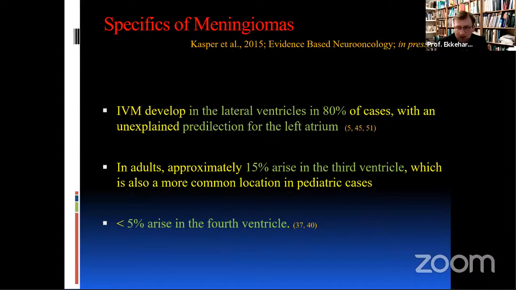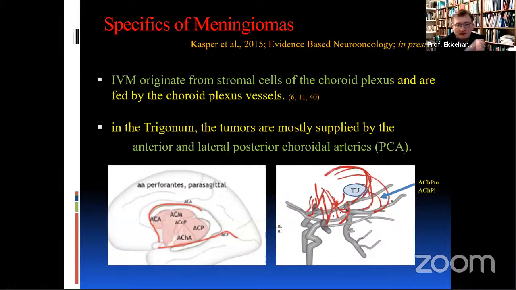So I'd say for the purpose of today's talk, we skip that. What you need to know about is not so much the site of origin, but the vascular supply. And I should encourage all of you to study the vascularity carefully. In the trigonum, you have usually supply both from anterior and lateral posterior choroidal arteries. So there is a collateral network that may surprise you.